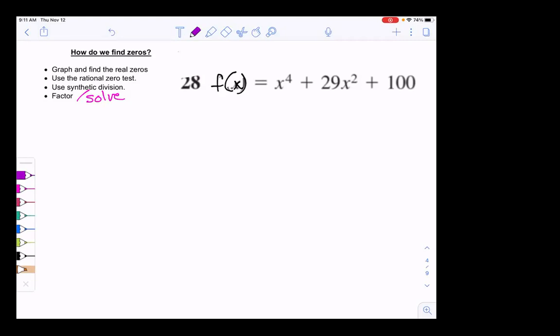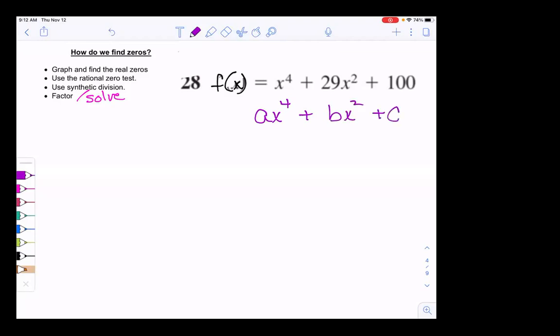But the last part says to factor or solve, which is actually how we started the class yesterday. We took those 3 problems and we factored those 3 original problems. Number 28 is factorable. So not everything involves synthetic division and the rational zero test. If I look at this, I have x to the 4th plus 29x squared plus 100. This is the trinomial form. Yes, I know it's an x to the 4th, but it is in the form of a trinomial.